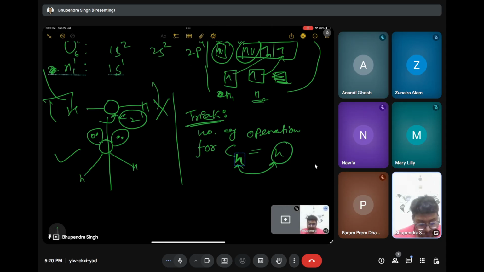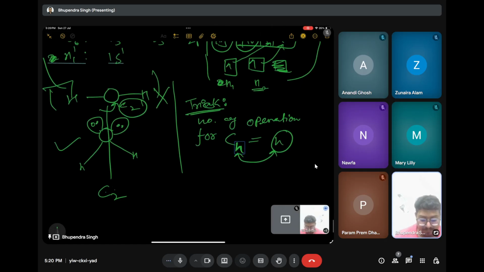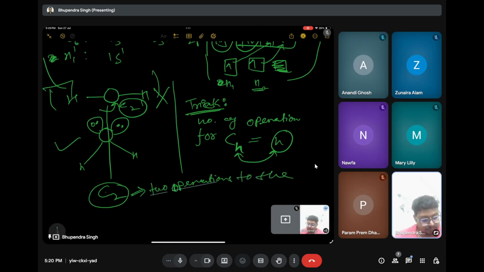So if the principal axis here is C2, it means that you will require two operations to get the identical structure.